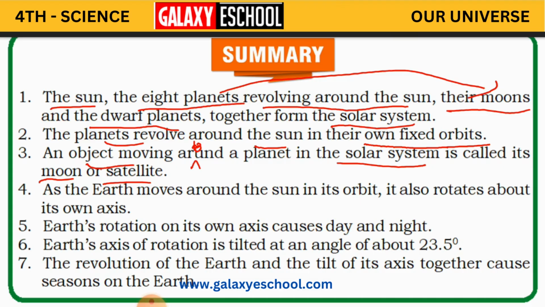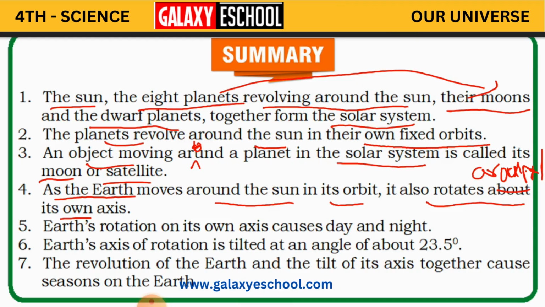And the fourth point is, as the earth moves around the sun in its orbit, it also rotates around, children. Okay, this is AROUND, around its own axis.